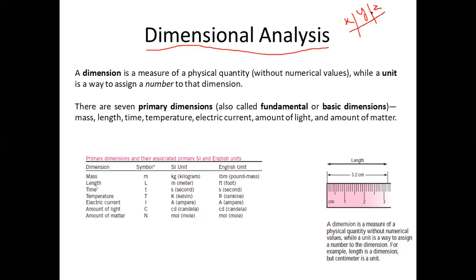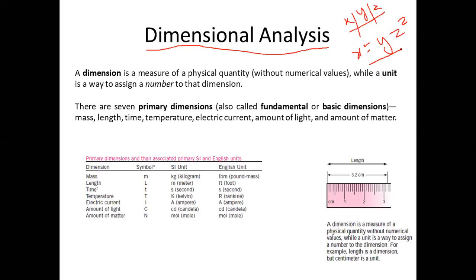So for that, I need to find the relation between x, y, z. Let's say it comes out like x equal to y into z square. After some experiment and mathematics, I found x equals y into z square.